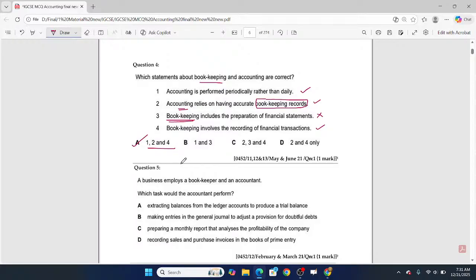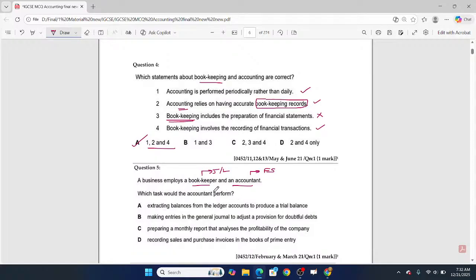Question number 5. A business employs a bookkeeper and an accountant. You know that the accountant is for preparation of financial statements. The bookkeeper is for passing the journal entry as well as posting that into the ledger. Which task would the accountant perform? Extracting balances from the ledger accounts to produce a trial balance.